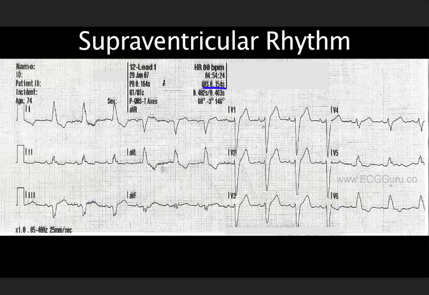Anything with a P wave that's associated with the QRS is a supraventricular rhythm. That, of course, includes normal sinus rhythm or all the sinus rhythms, atrial rhythms, junctional rhythms. Those are all supraventricular.